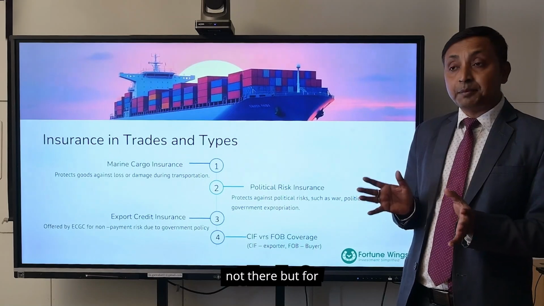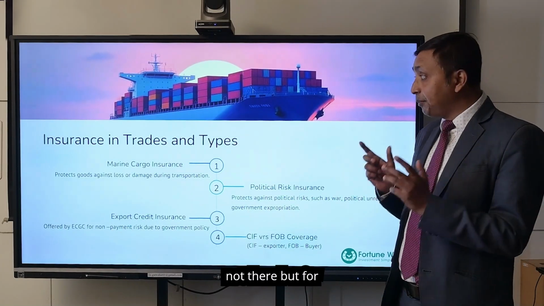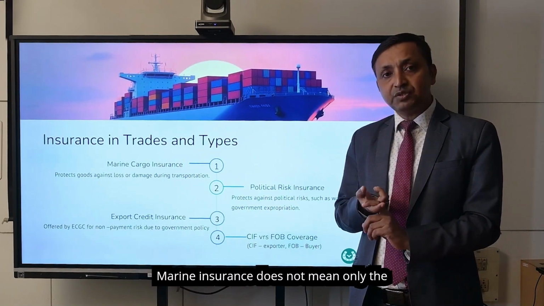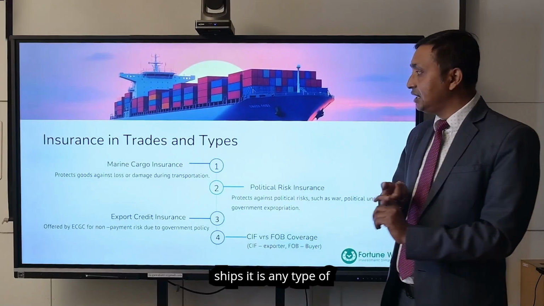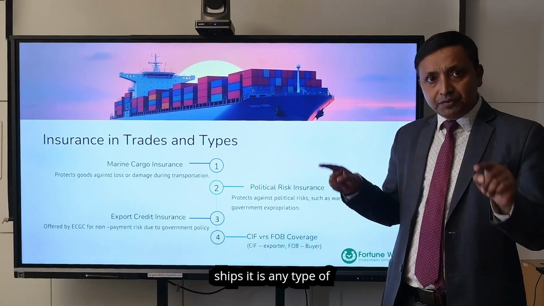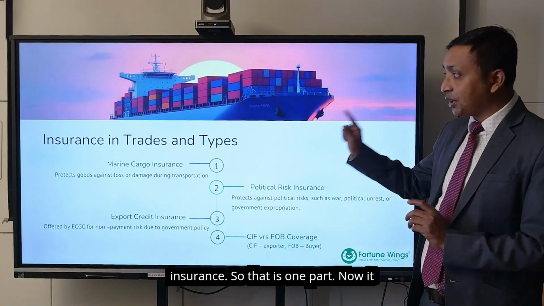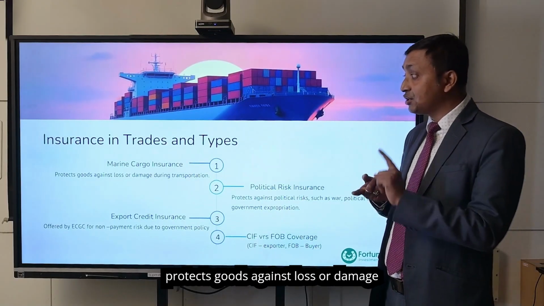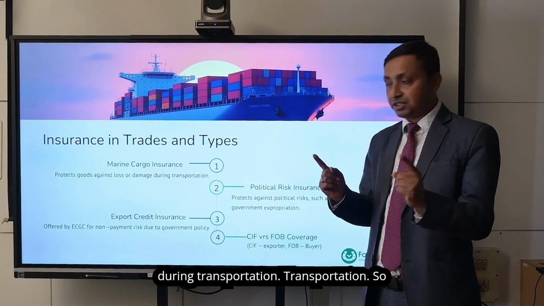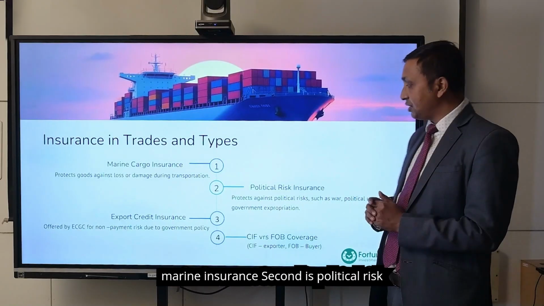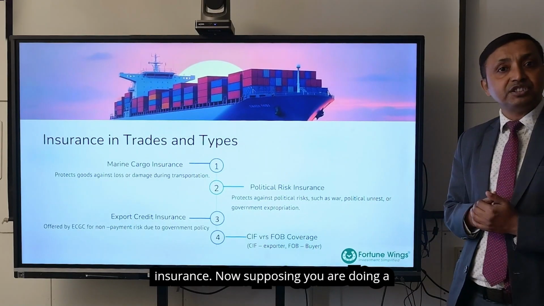But marine insurance is very important. Marine insurance doesn't mean only ships. Any type of goods movement is covered under marine insurance. So that is one part. It protects goods against loss or damage during transportation. Second is political risk insurance.